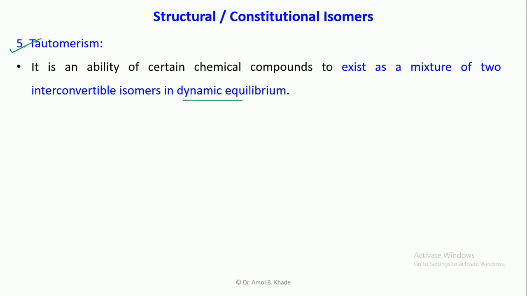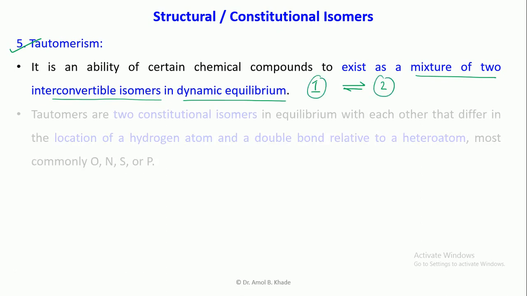One isomer can go into the other isomeric form, and they exist in a dynamic equilibrium. You know the sign of the equilibrium. Let's say isomer 1 is present here, isomer 2 is present here. These two are isomers of each other, present in a dynamic equilibrium as a mixture. We'll see with an example.